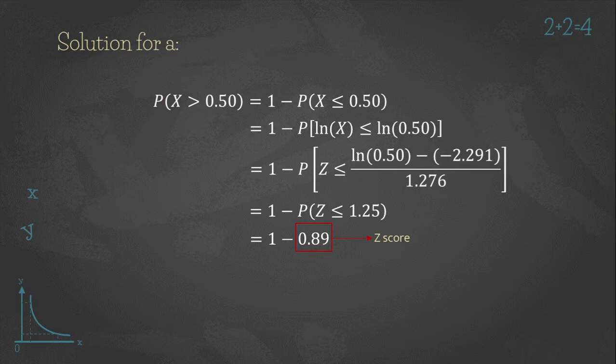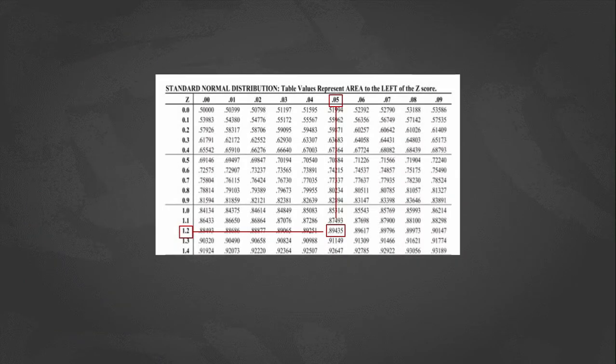So, dahil na-discuss na ito ng past reporter, may idea na tayo kung paano gamitin yung table. Pero balikan na lang rin natin para mas alam natin. So, yung whole number, kasama na yung first decimal, titingnan natin dito sa left side. Tapos yung second decimal is titingnan natin dito sa taas.